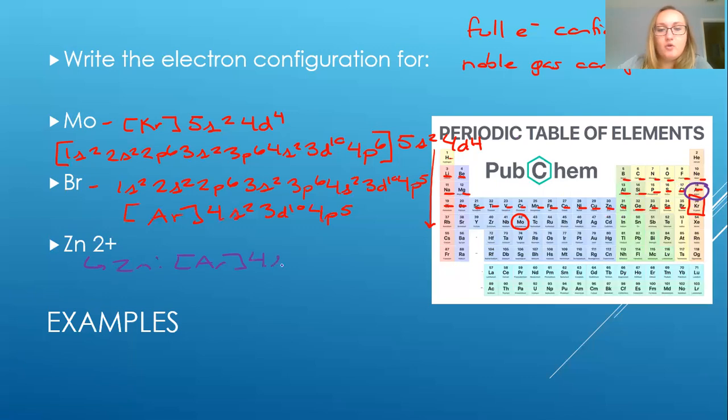And then we have 4s2, 3d10. We have to take away 2 electrons. We always take them from the outermost shell. So we get that Zn2 plus has the electron configuration of argon, 3d10.